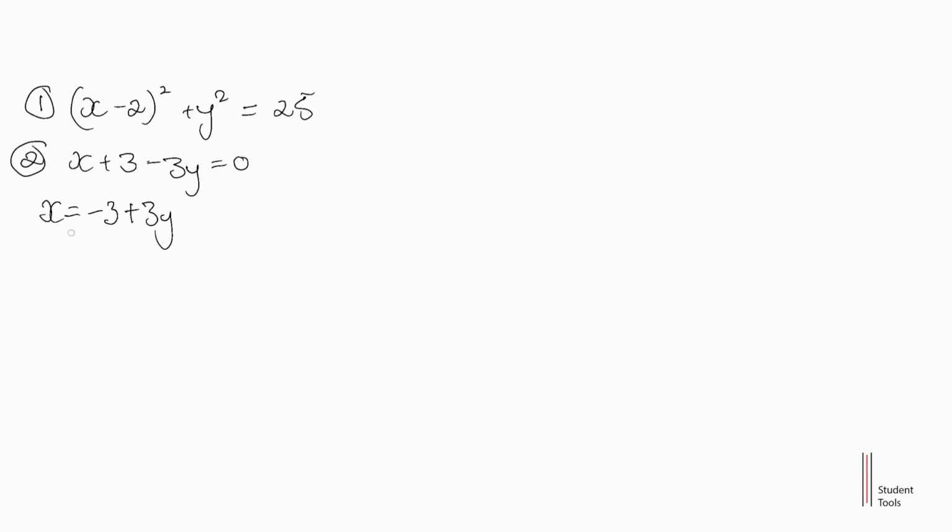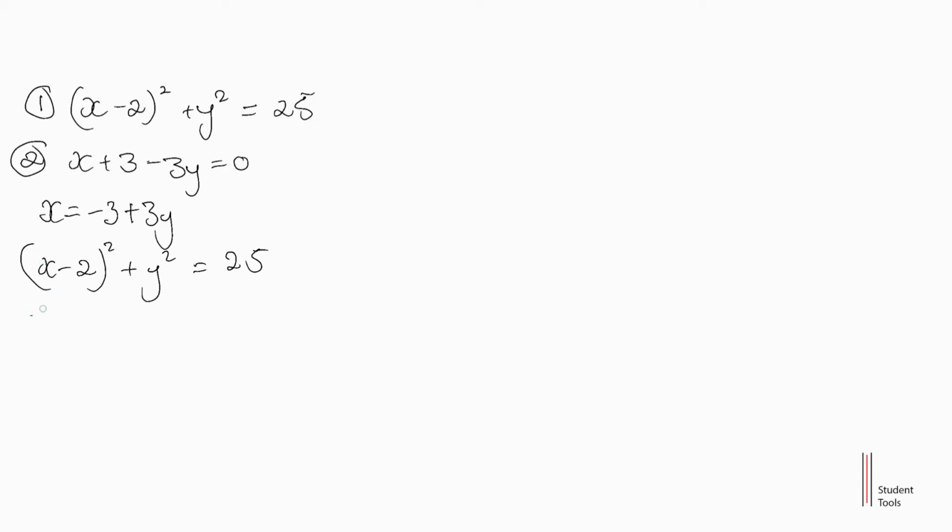Then we go back to equation 1, which is (x − 2)² + y² = 25. This is what we will do next. Instead of using x in this equation, we will substitute that x with −3 + 3y.